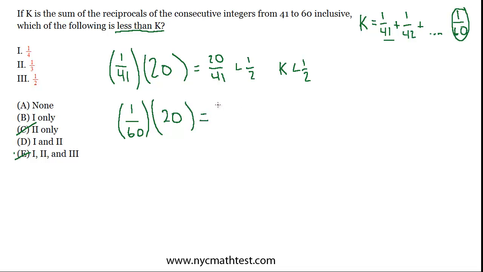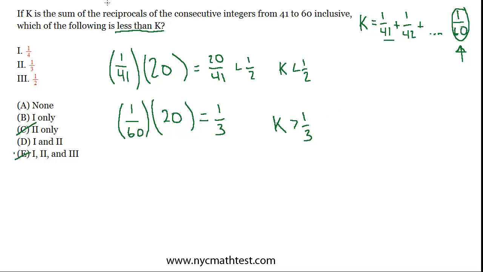So that would equal a third. But that understates the value of k because we chose the smallest item in the sequence. So in fact, k is bigger than that. K is more than a third. Because even one term bigger than 1 over 60 would make it more than a third.